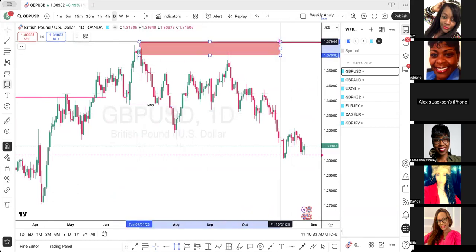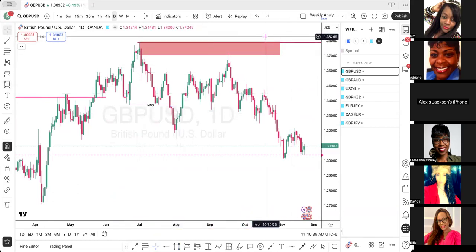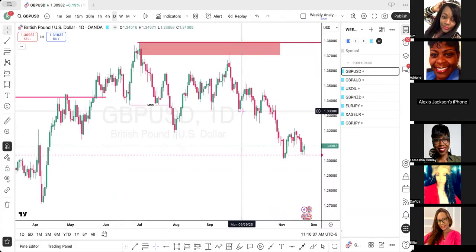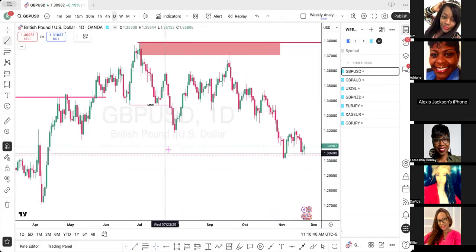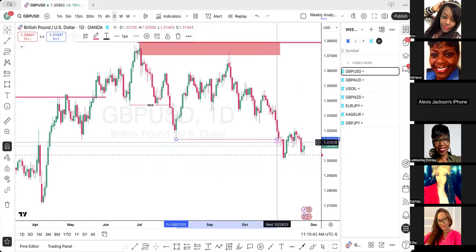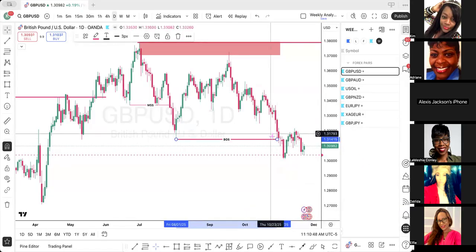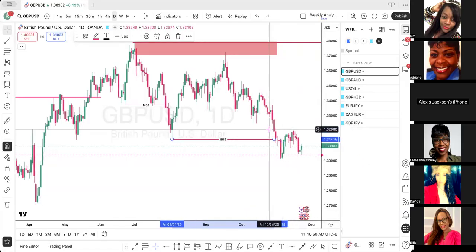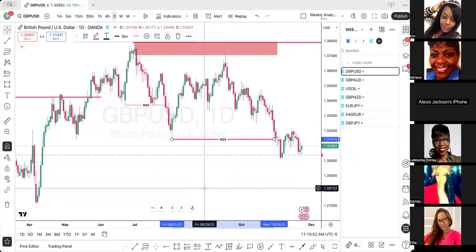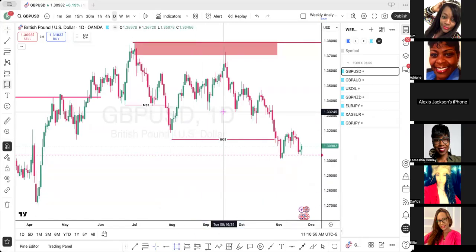This was our supply zone that price pulled back to for the sell. Okay. So now this is our swing low, and we got a break of structure of that swing low. So now we have a new supply zone.